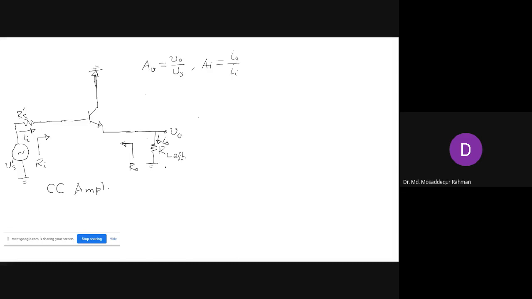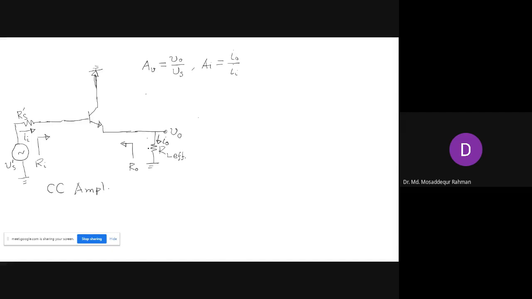So RL effective. So now this is our simplified common collector amplifier. And you see that this is exactly the circuit that we introduced in the last class to show the conceptual common collector amplifier circuit. We have this transistor, the collector is grounded. At the input side, you have the input signal with the source resistance Rs, here Rs prime, and at the output side, you have the load resistance, which here is RL effective.